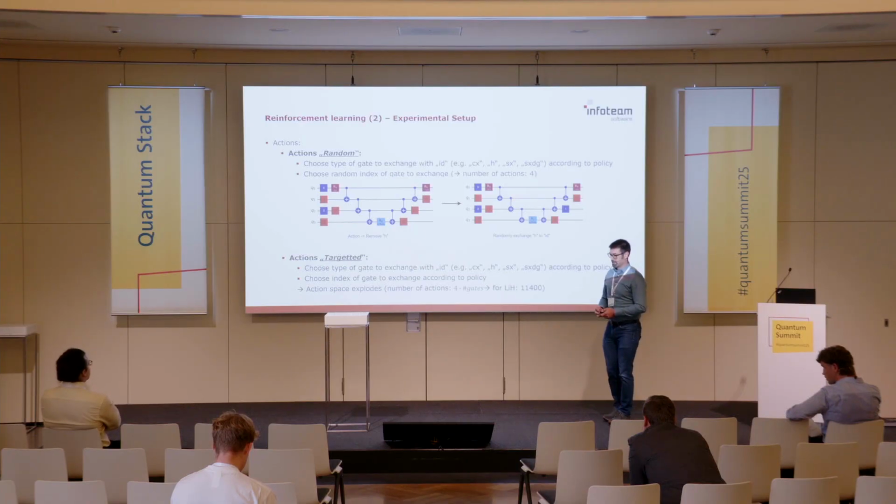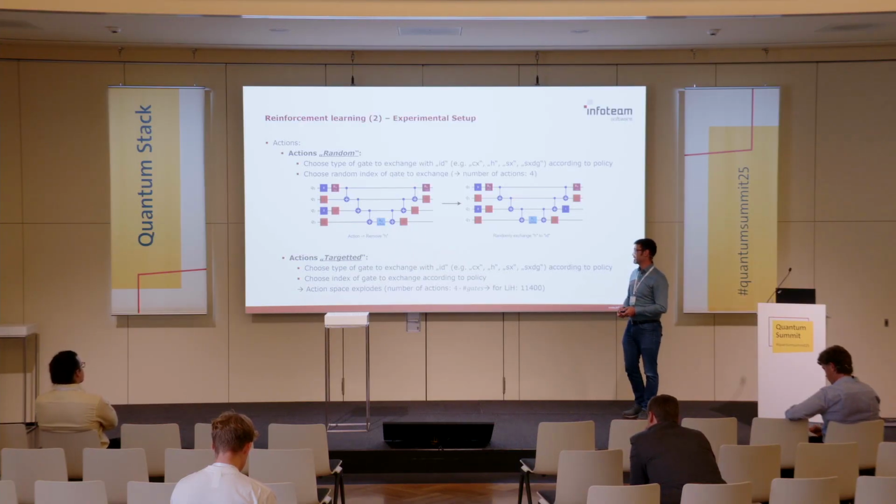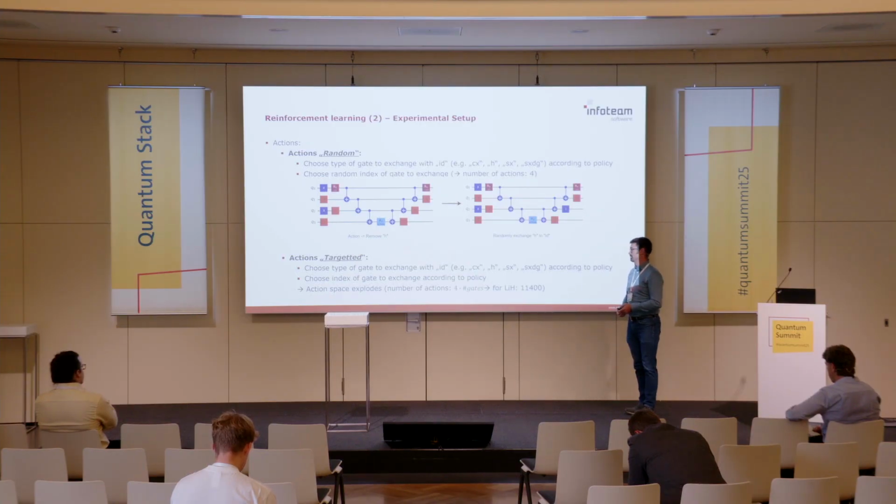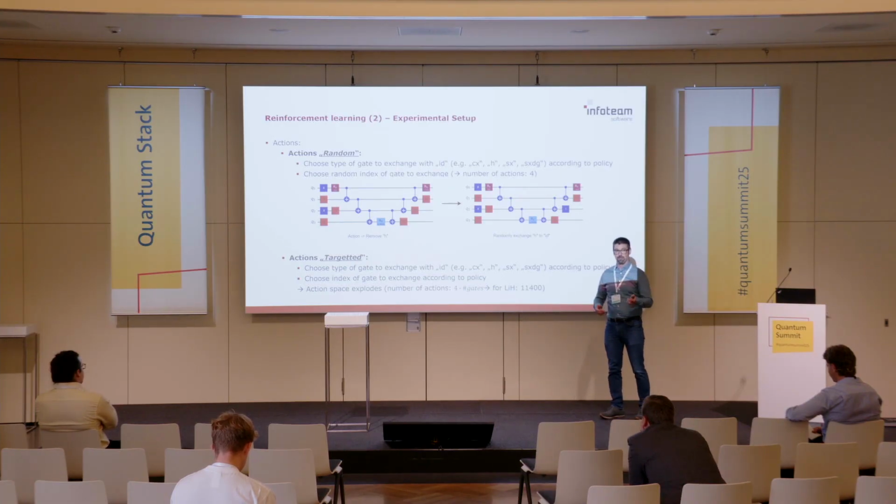This led us to somewhat random behavior. So we improved our actions to not only choose the gate class by policy, but also the position in our circuit. But then, of course, our action space exploded. At least for LiH, we now have 11,500 actions that we can learn. This takes time.